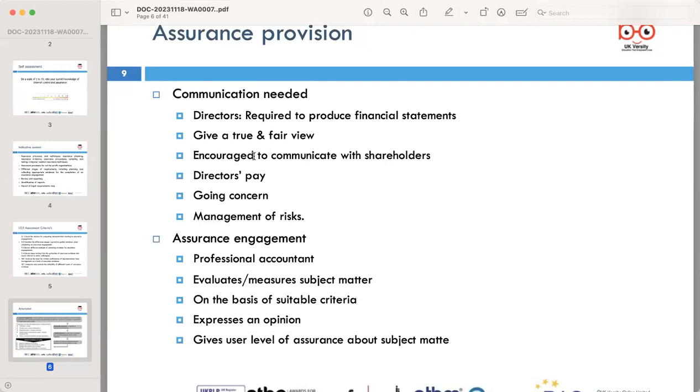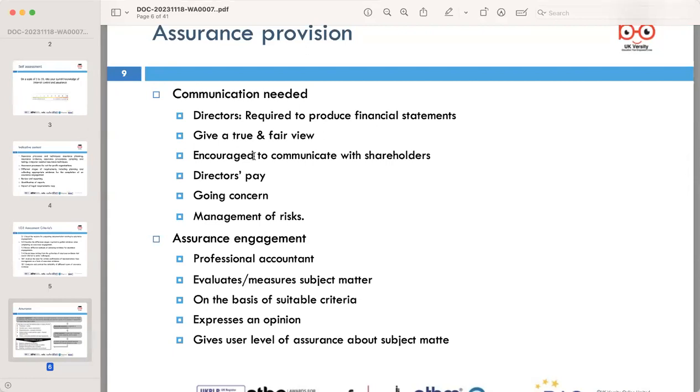So directors' responsibilities are not just crunching numbers for themselves. They are encouraged to communicate with shareholders. Shareholders are like the co-owners of a company, so they have the right to know what's happening. That means being honest and showing things as they really are. Imagine it's like telling your accountant exactly how you spend your money, business money. No hiding, no exaggeration.